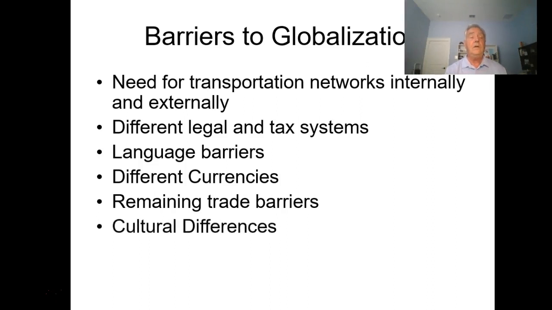There are cultural differences, very, very important. I know when we first started to do business in Japan, cultural differences were hard and very difficult to understand. We had to learn what their differences were.